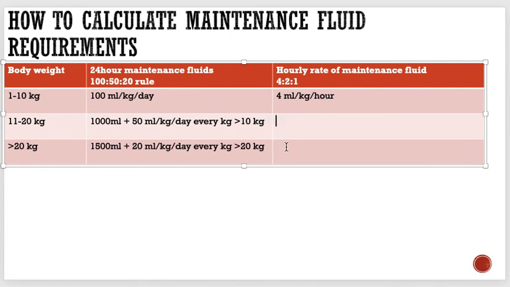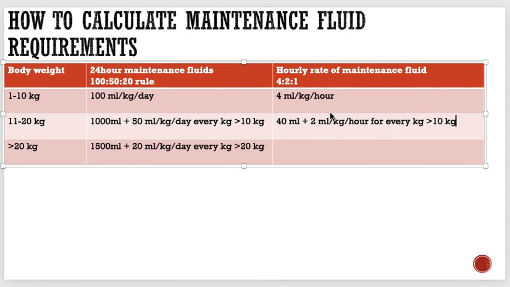So anyone who is more than 10 kilograms, remember, 40 ml, this one you will add, of course. Plus, it is the 4:2:1 rule, so 2 milliliters per kilogram per hour for every kg above 10 kg.